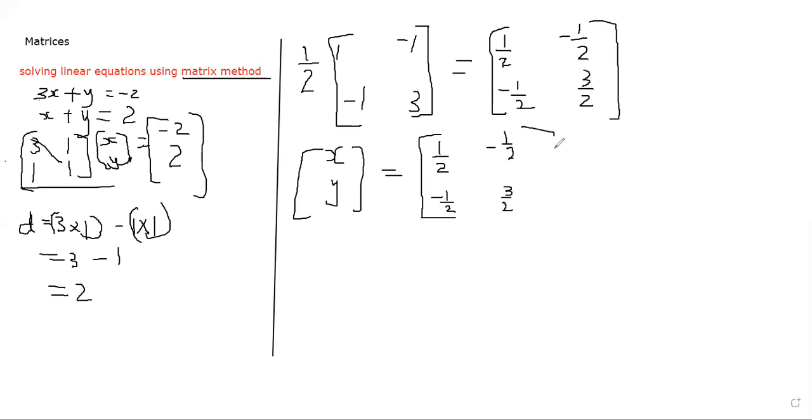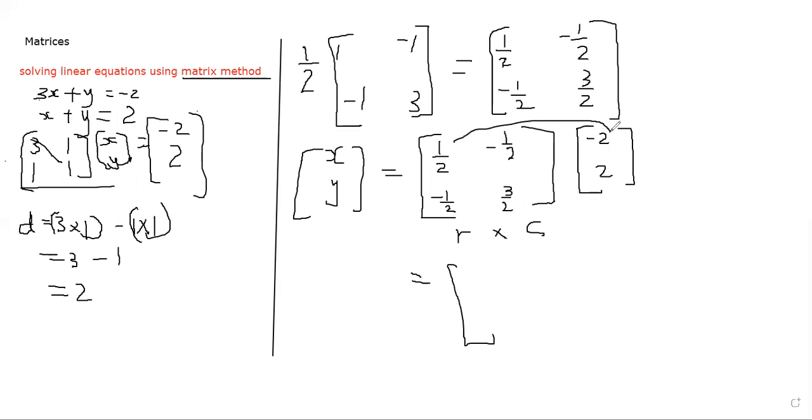So that is what we multiply with what is in front here: -2 and 2. Now, when you're multiplying matrices, you should know that we multiply row times column. We use the row here times the column. Whatever happens up is also going to happen down.